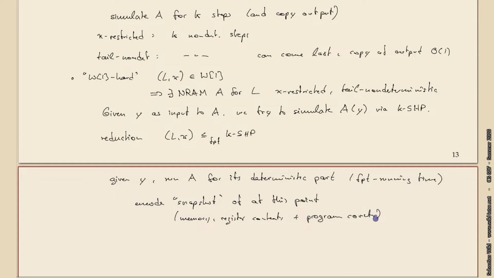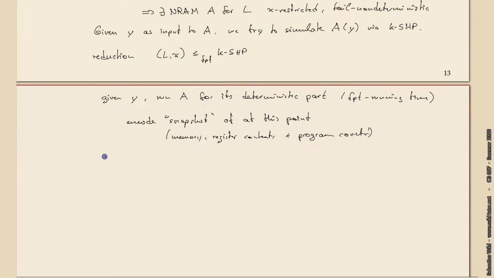So we can take that and write that down and construct now a Turing machine that simulates the non-deterministic tail of A. Okay, so that's going to have some slowdown. But again, here the Turing machine, we can give it a number of states that's big enough to represent the number of non-deterministic choices that A is doing, because we're constructing that as part of the input. So I should say it's a non-deterministic Turing machine.